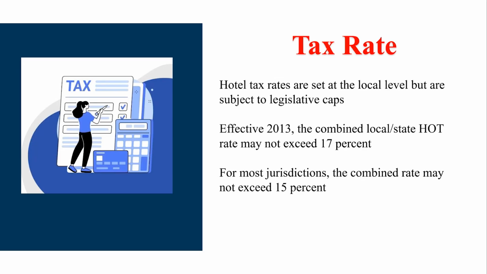Hotel occupancy tax rates are set by the local jurisdictions, but they are subject to legislative caps. Texas law for county hotel taxes has been amended 56 times. County hotel occupancy tax rates range from 0.75% to 7%, depending on factors such as location and population.